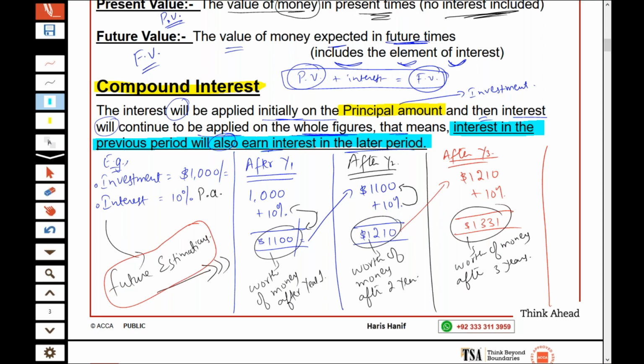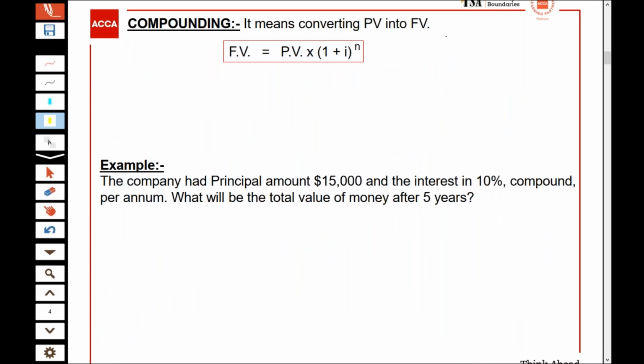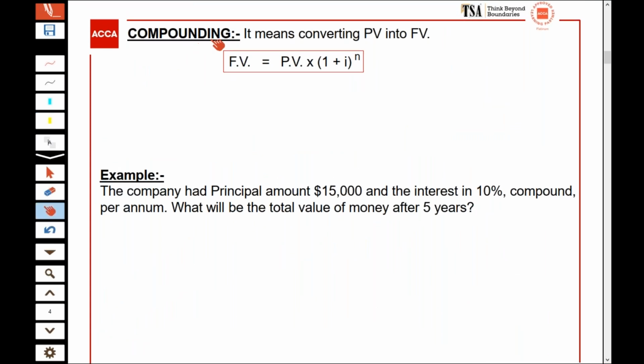This is the compound interest, where interest will continue to be added and added in the future. One very interesting thing: the process which we are doing right now is termed compounding. See what is written here: compounding means converting present values into future values.